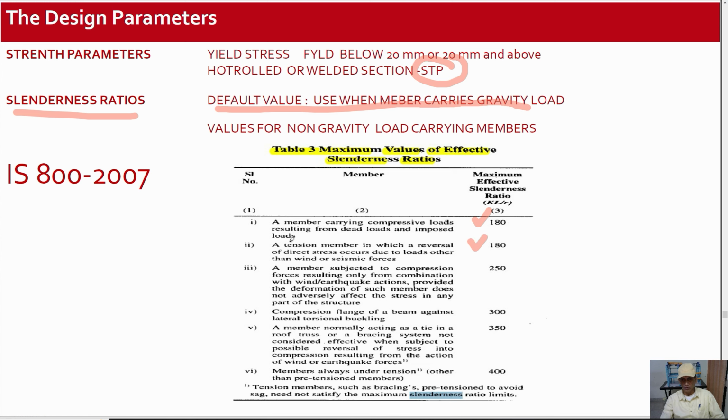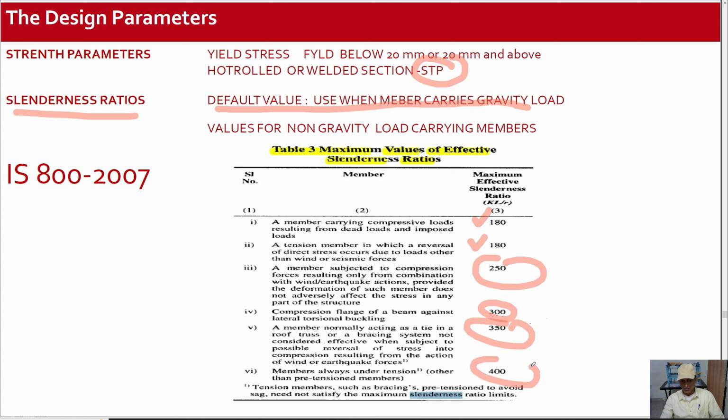So a member carrying compressive load resulting from dead and imposed load is 180. Then compression, a member subject to compression force resulting only from combination with wind and earthquake, 250. Then compression flange of a beam against lateral torsional buckling, it's 300. Compression, member acting normally as a tie, 350.